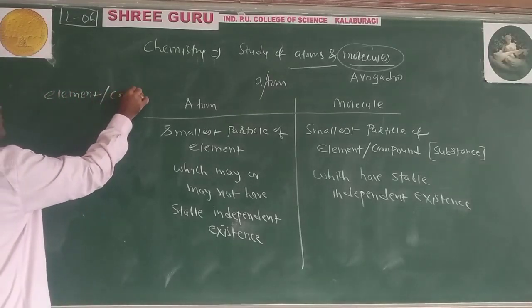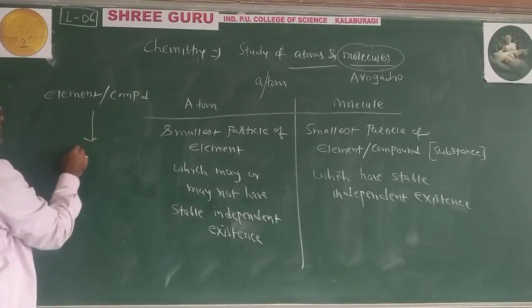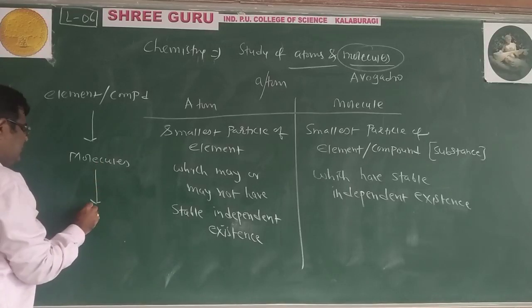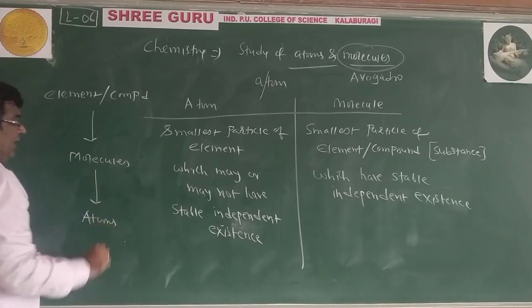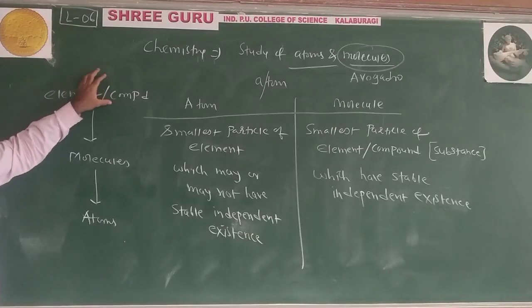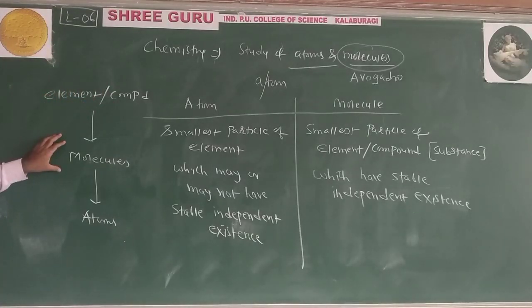This element or compound, they are made up of molecules, and these molecules are made up of atoms. Right? Elements or compounds are made up of molecules, and the molecules are made up of atoms.